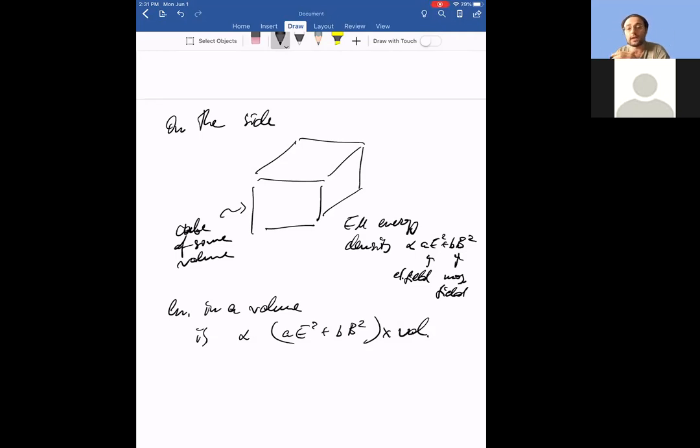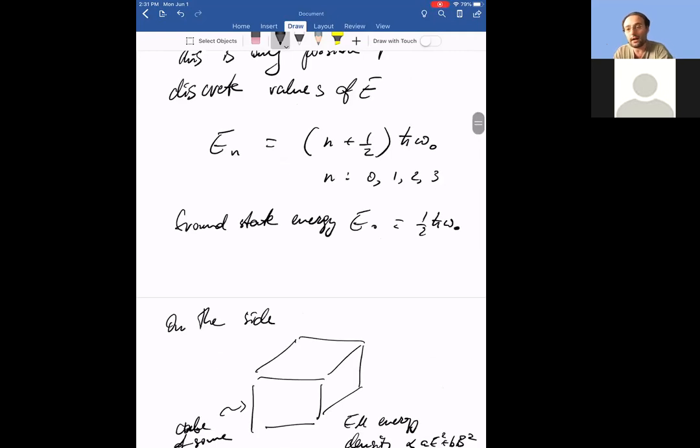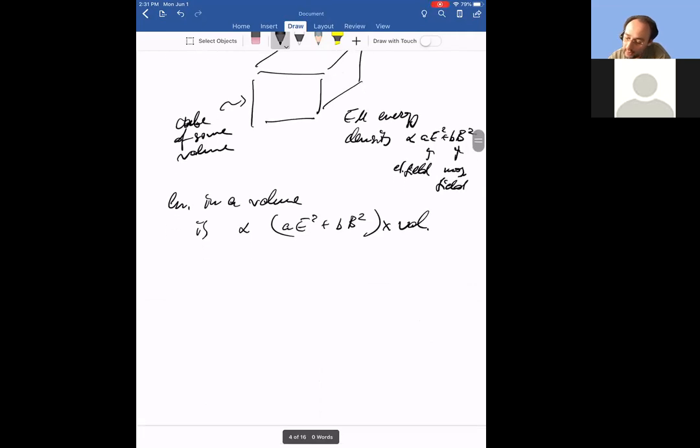You can have a vacuum maybe without particles, but you cannot have a vacuum with no fields. That is a really startling conclusion, but it doesn't require very advanced physics, because this looks like a harmonic oscillator, and we just saw that a harmonic oscillator cannot have truly zero energy. And so you conclude that there is no such thing as a vacuum with no EM fields.